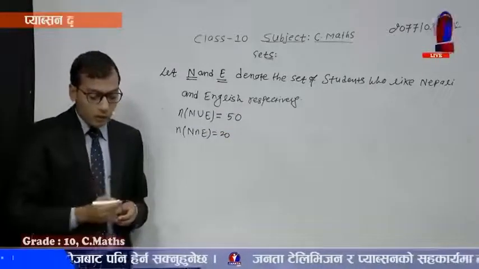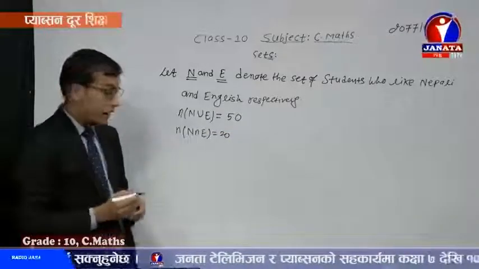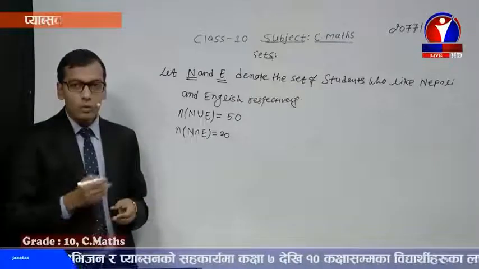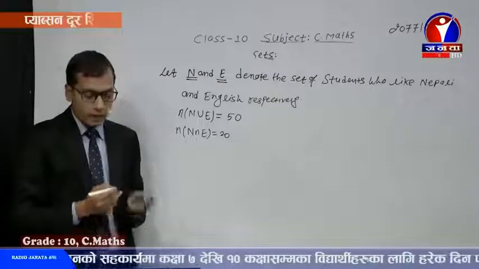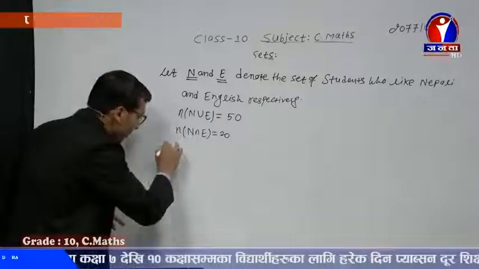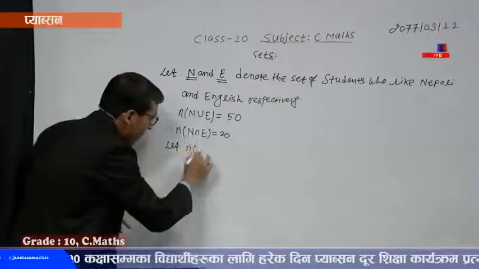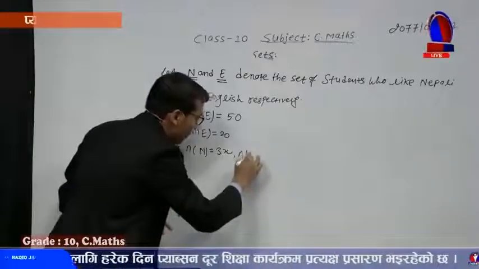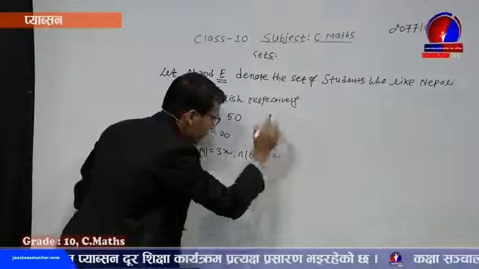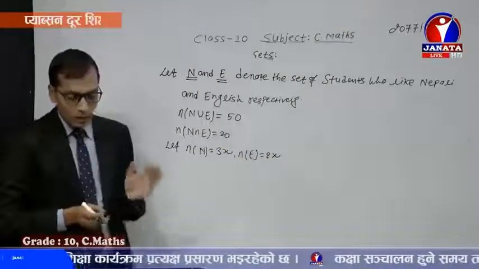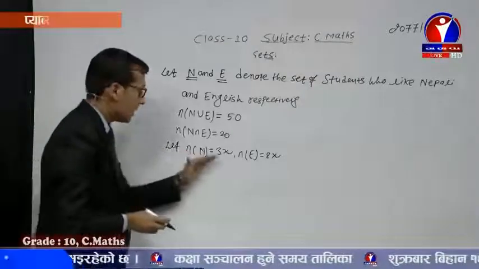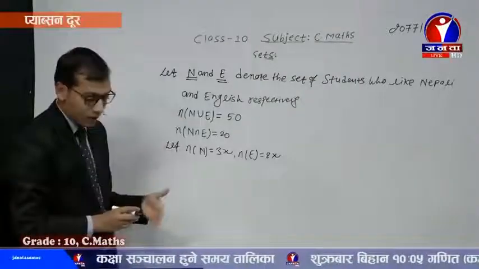The ratio of number of students who like Nepali and English is 3:2. So let's suppose n of Nepali is 3x and n of English is 2x. Nepali to English is 3:2.